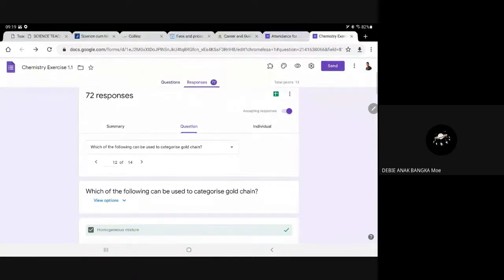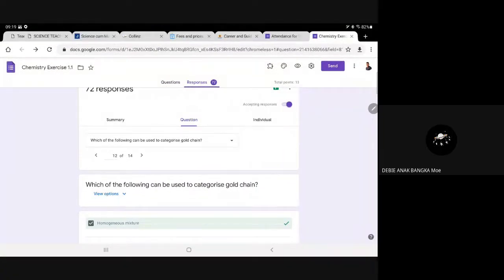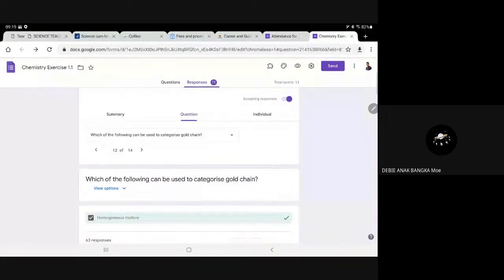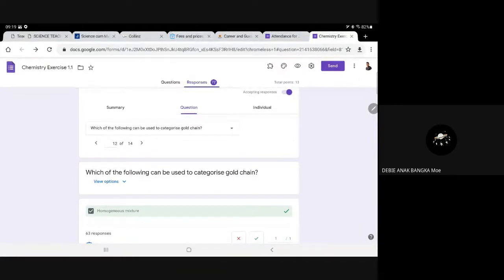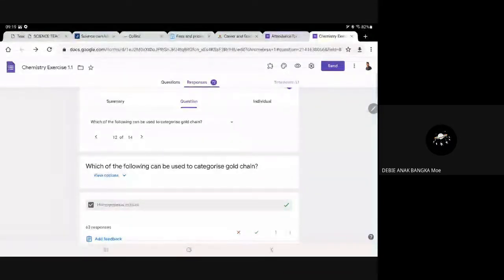Gold chain also has notes, so this is a homogeneous mixture because it is a mixture of metals, or what we call an alloy, made up of gold, silver, zinc and copper. So lots of different types of atoms but you cannot see the boundaries.